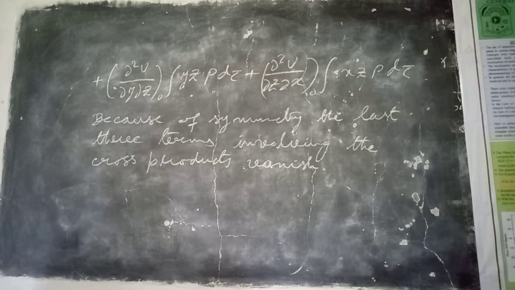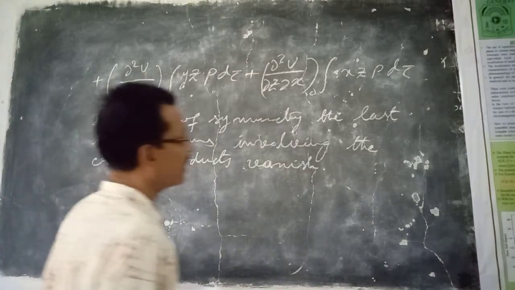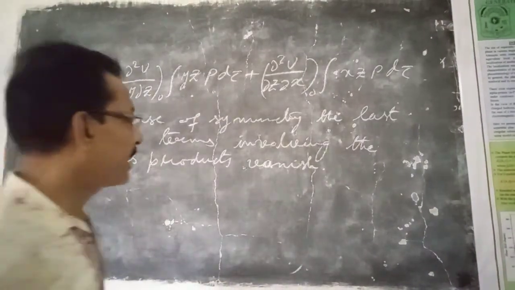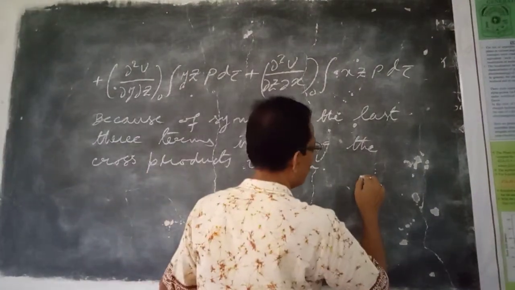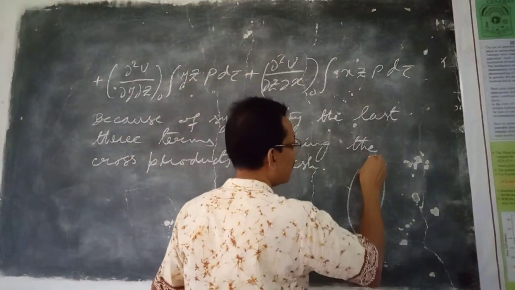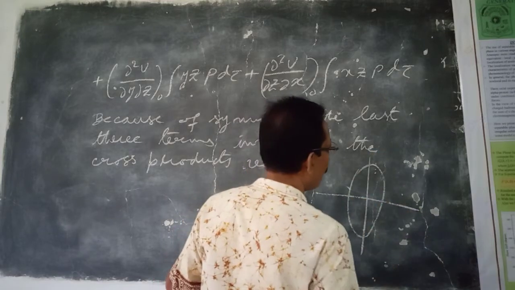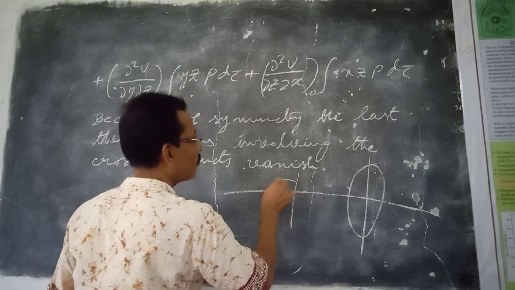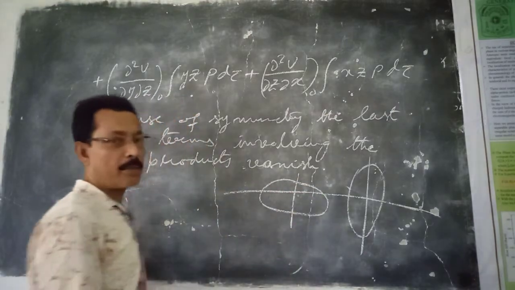Now when the z axis is considered as the symmetry axis, suppose it has this type of distribution, or it may be this type of distribution, an ellipsoid of revolution.